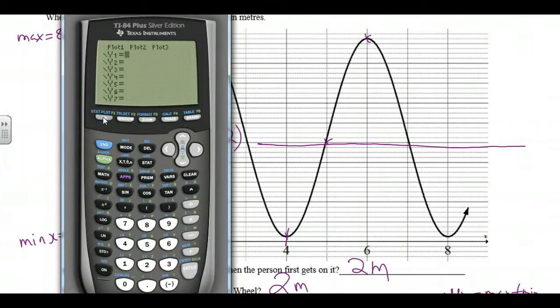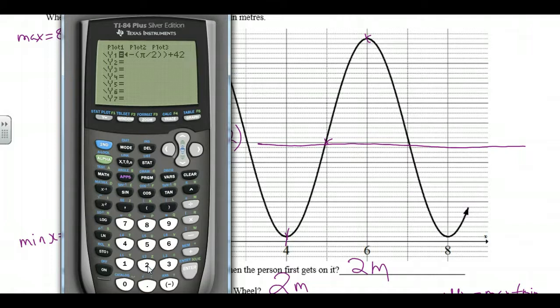Our equation is y equals 40 sine, bracket, pi divided by 2, bracket, x minus, another bracket, pi divided by 2, close bracket, plus 42.